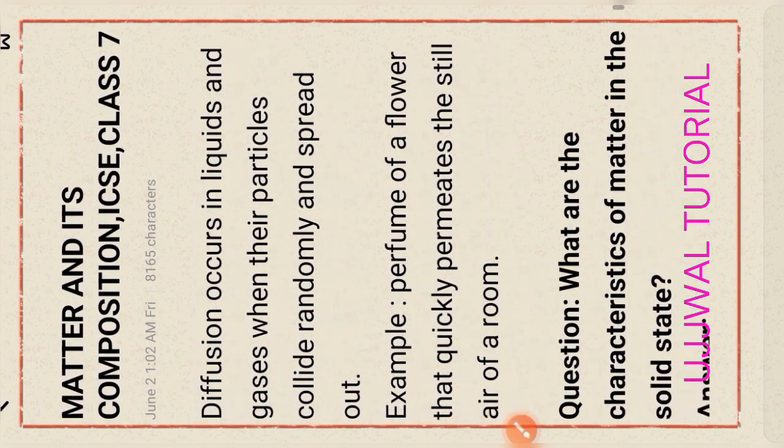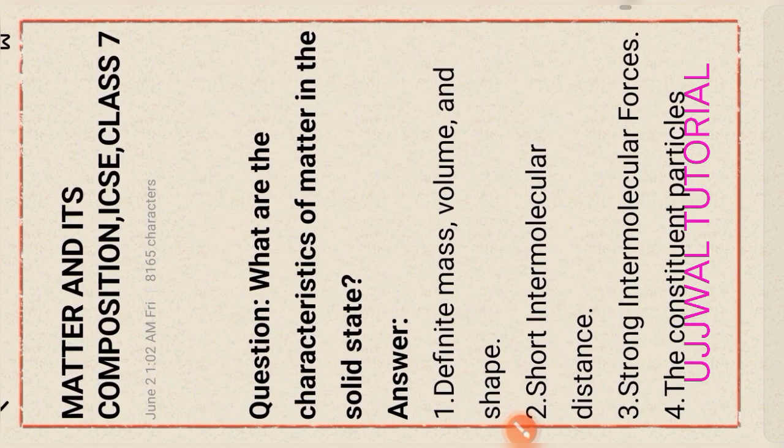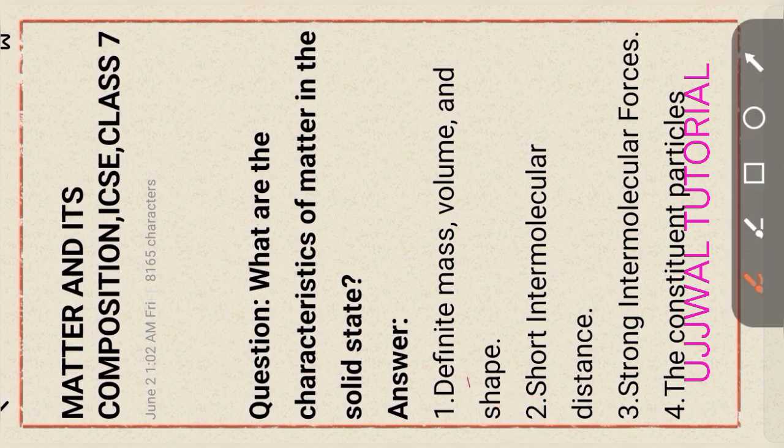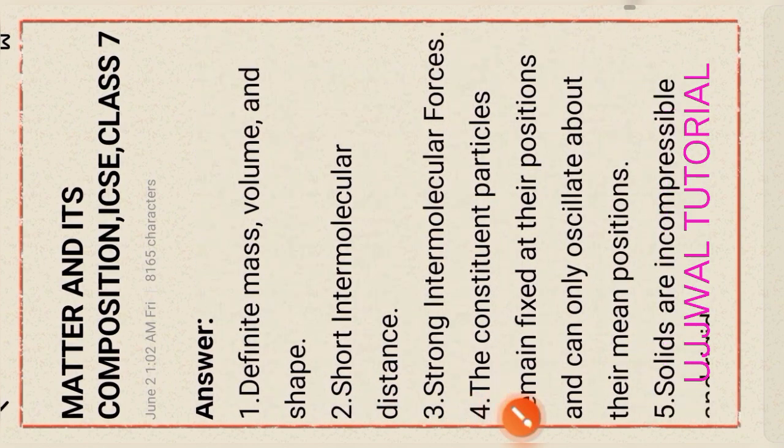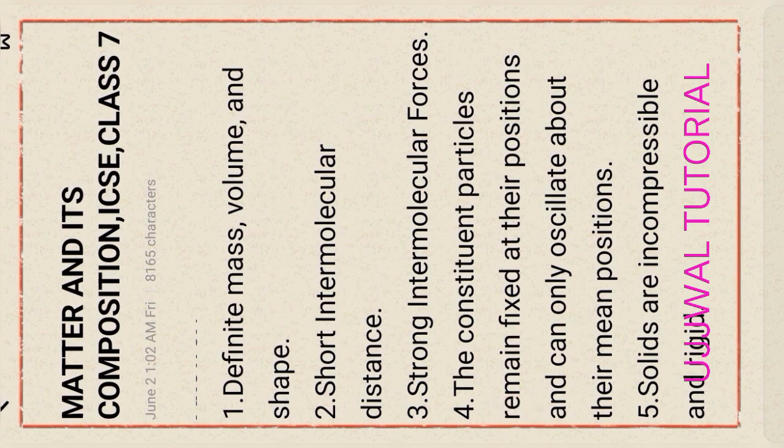Next question, what are the characteristics of matter in the solid state? Point 1, definite mass, volume, and shape. Next point, short intermolecular distance, that is, closely packed. Next point, strong intermolecular force.